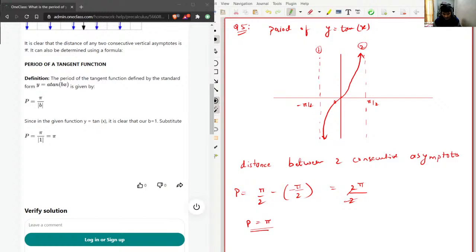So I'll write this formula also, because not always are you going to get y equal to tangent of x, but the general equation y equal to a tangent bx.